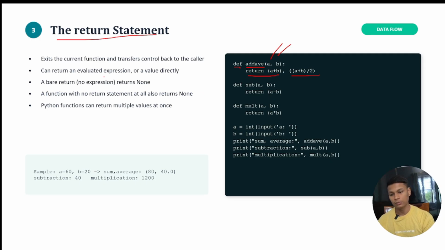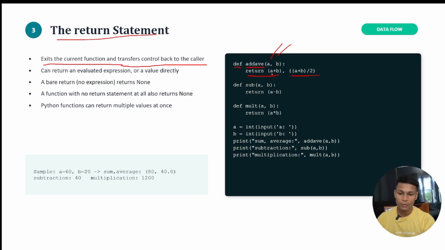So now see how the return type works. In simple terms, you can say it exits the current function and transfers control back to the caller. If I am printing, the operation we perform will be printed and it will not be stored in anything.